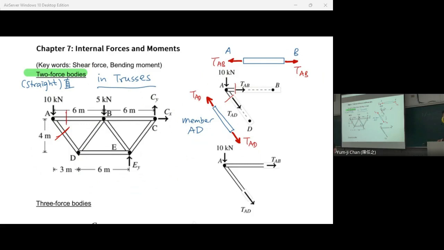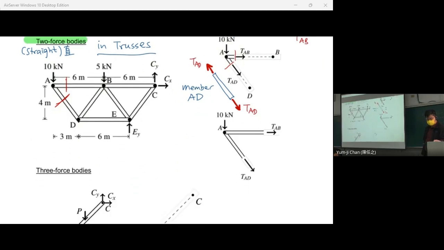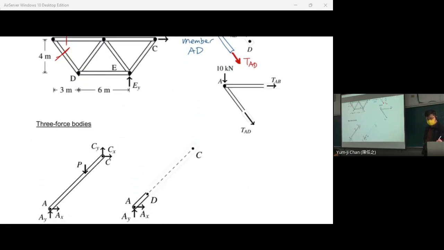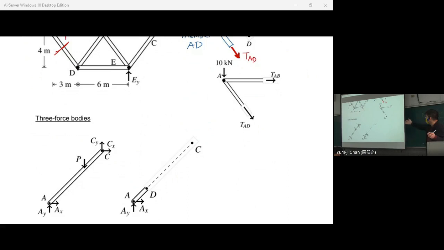So in trusses we determine AB by cutting AB here and cutting AD here, right? We cut it off and then we determine the AB. We want to use this method on a free force body. Okay. We say we have a point. This is a free force body, right?